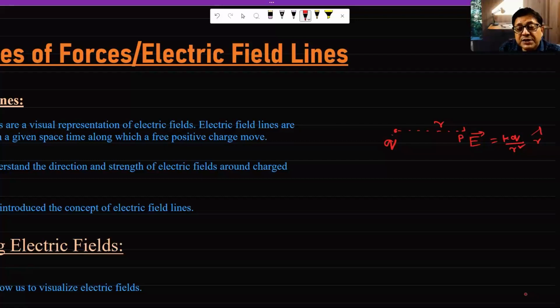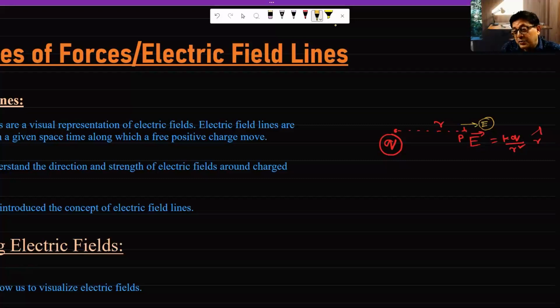If this is the source charge, which is positive, and your test charge is always positive, then in what direction will the test charge experience force? That force is going to be radially outward. And if you move far away from this point charge, the strength gradually decreases.